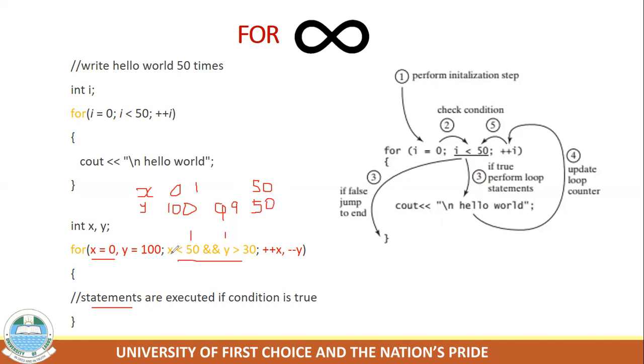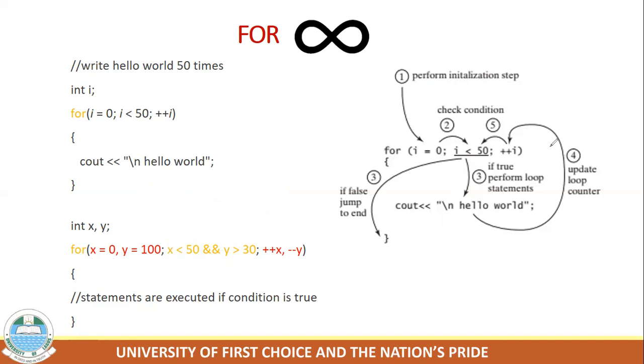So is 50 less than 50? No. And is 50 greater than 30? Yes. But it will not execute based on the violation of 50 less than 50. So with this, you'll be able to execute this statement about 50 times. All right.